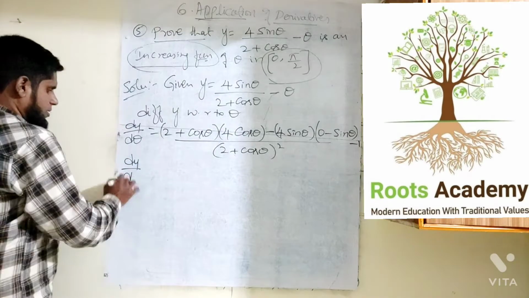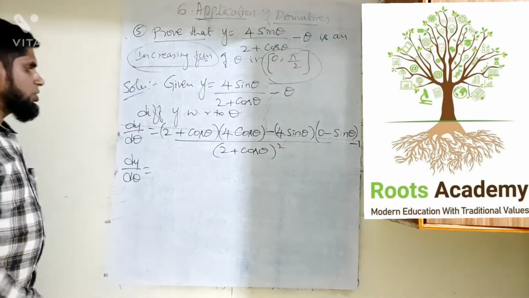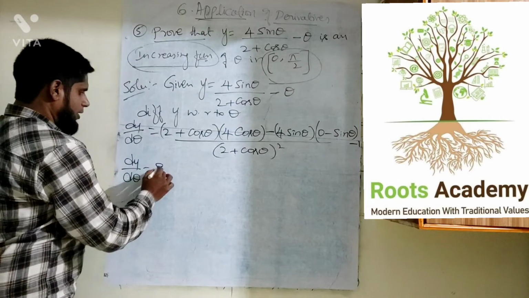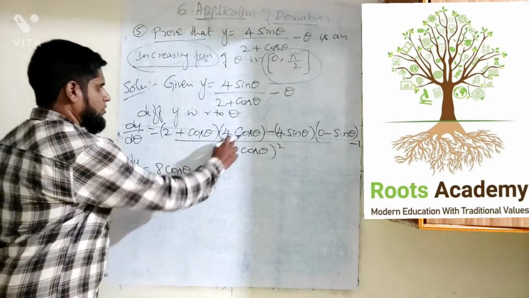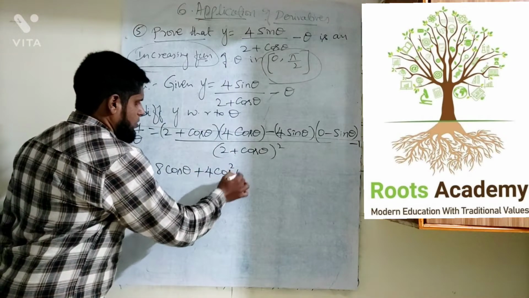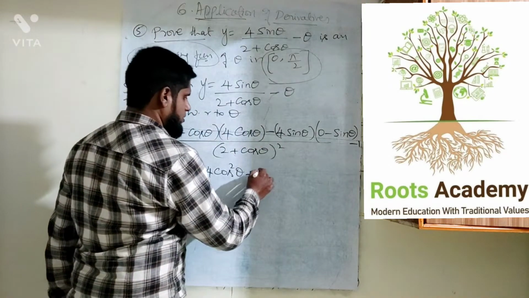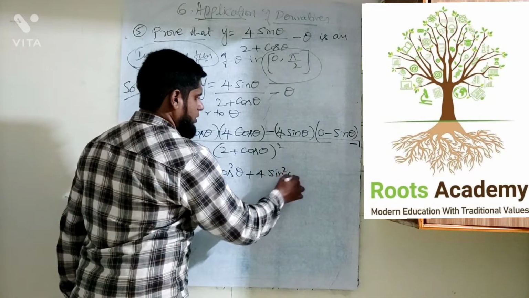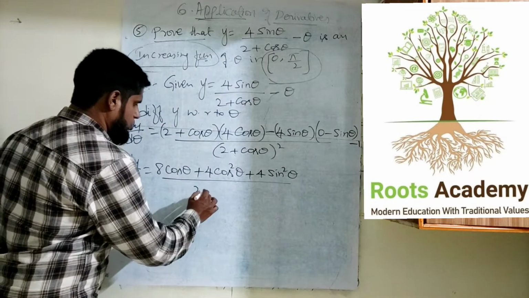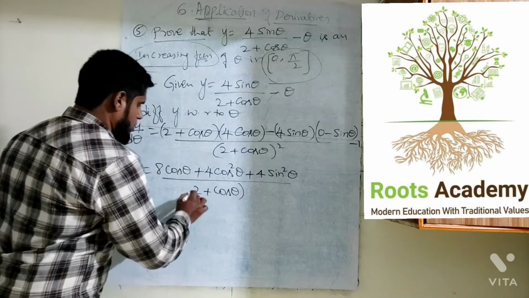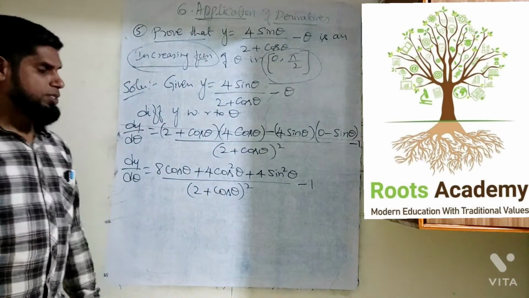So our dy by d theta is equal to, by simple multiplication here, 2 into 4, it is 8 cos theta plus 4 cos square theta, minus into minus is plus, 4 sin into sin, sin square theta, whole divided by 2 plus cos theta whole square, minus 1 as it is.